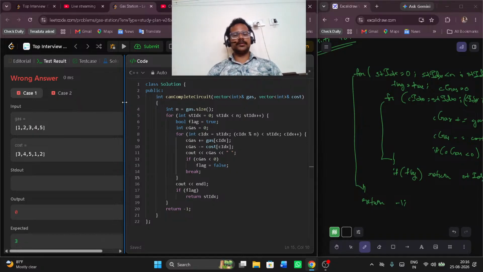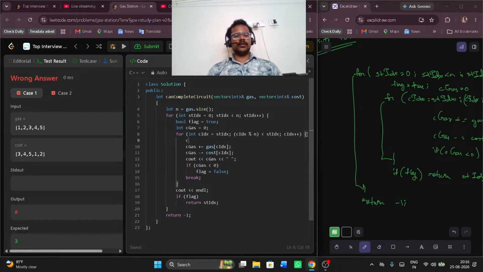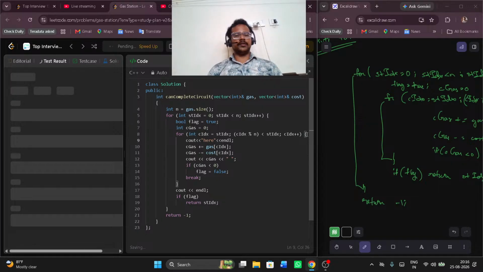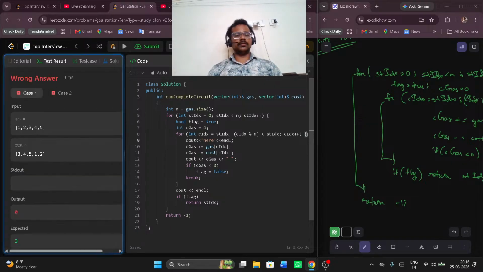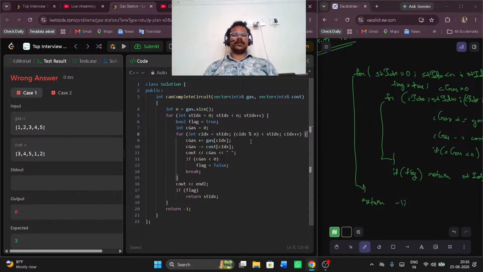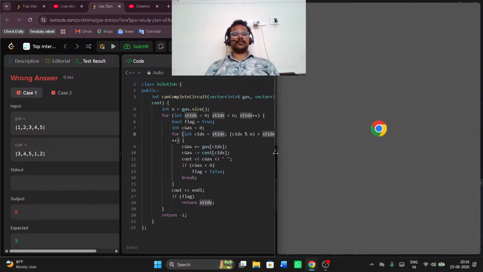Current index. It is not executing, right? See out here. I think it is not being executed. If you see, it is not executed. Why? Because there is an error with this thing. Current index mod n is less than starting index. Let us look at that.